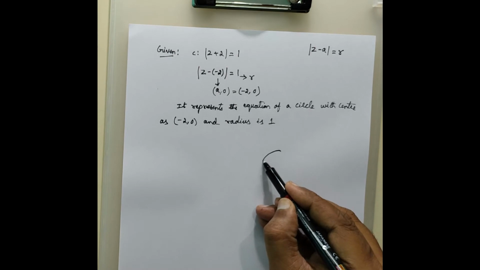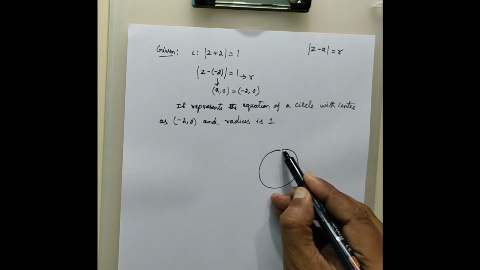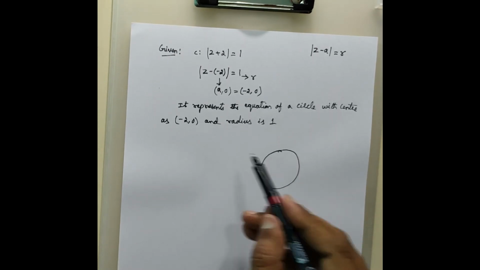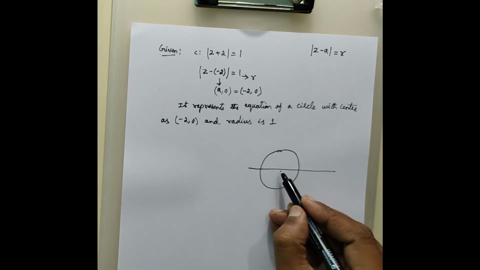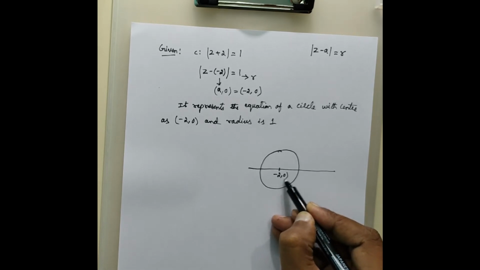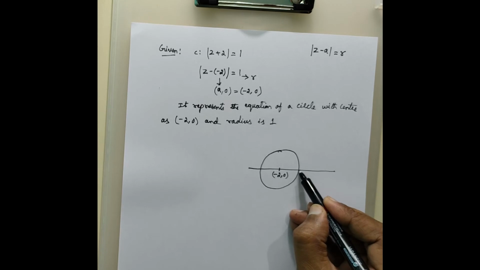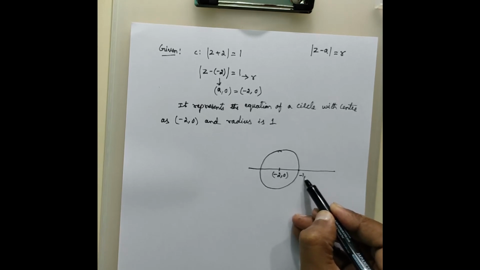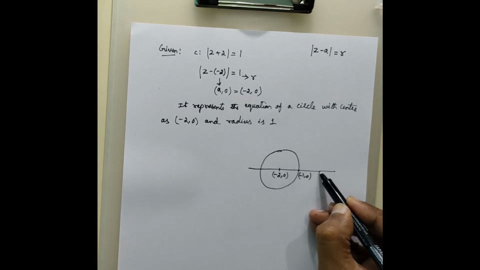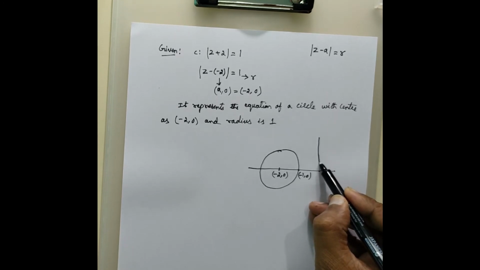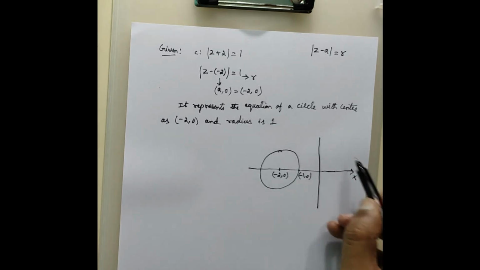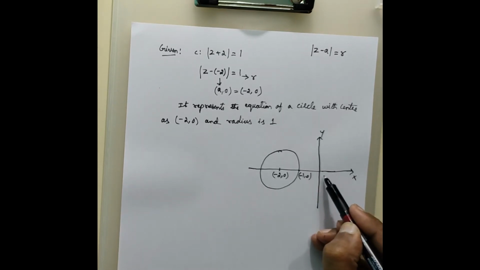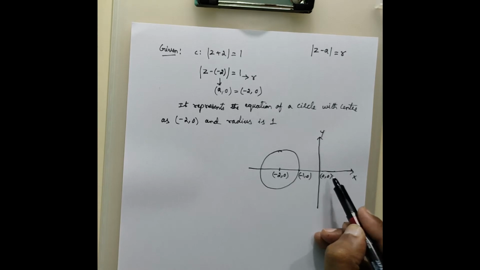So let us draw the graph for this circle. That represents the circle with center as minus 2 comma 0. Let me draw the x-axis. So the center over there is minus 2 comma 0, and that will represent the point minus 1 comma 0, and over there it will be the origin, which is nothing but the y-axis there. So you have the x-axis and that is the y-axis, and that represents the origin 0 comma 0.